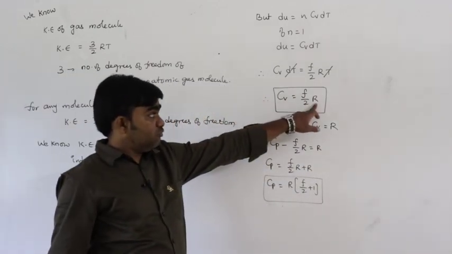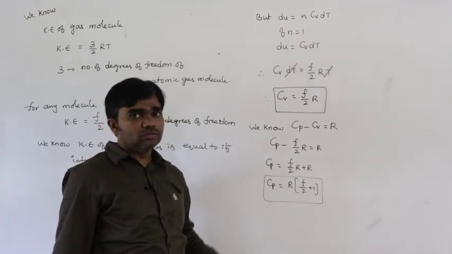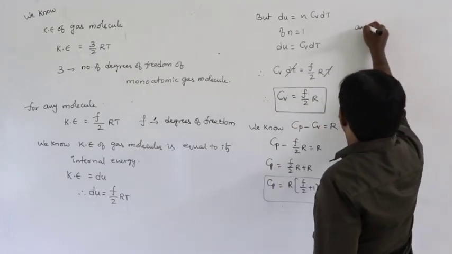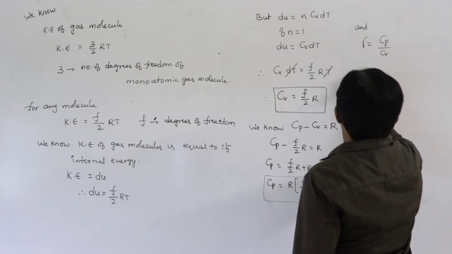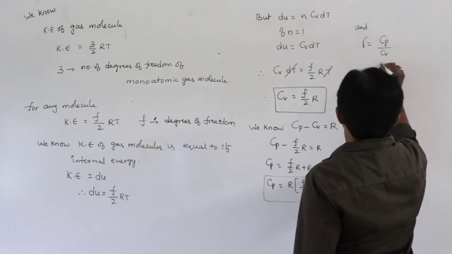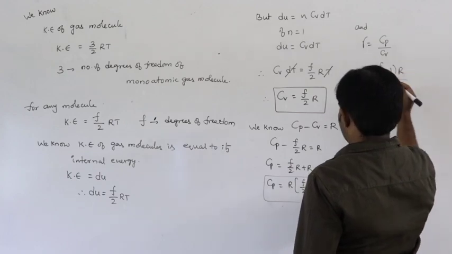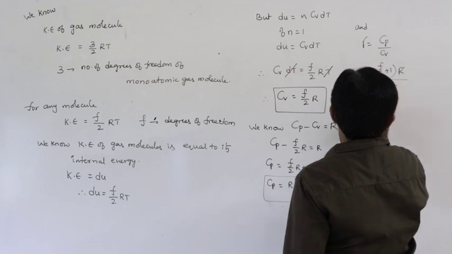Cv is equal to F by 2 R and Cp is equal to (F by 2 plus 1) into R. And we know gamma is equal to Cp by Cv. So gamma is equal to (F by 2 plus 1) into R divided by F by 2 R. R gets cancelled.